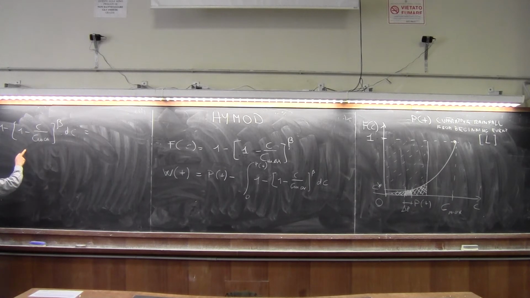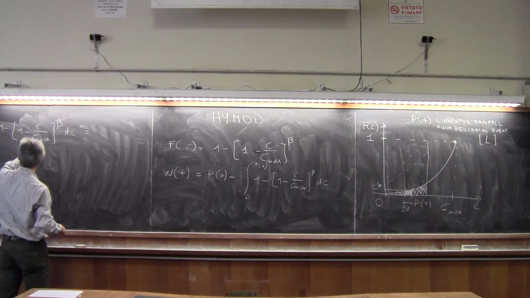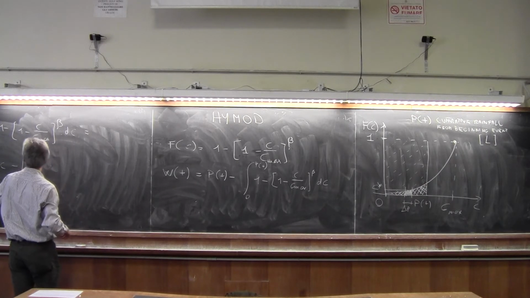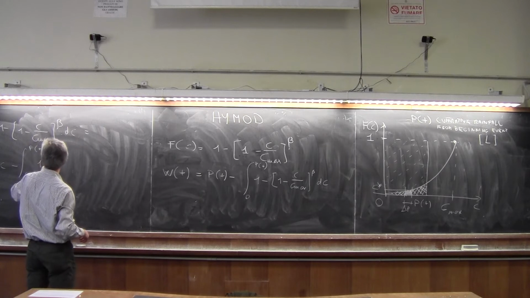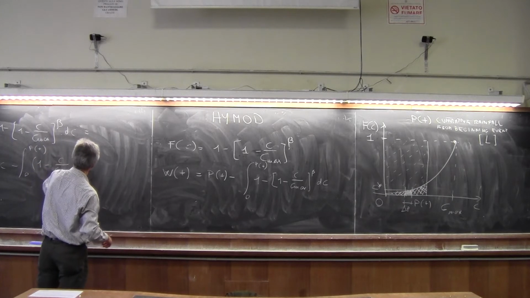So I can write that this is equal to integral between 0 and Pt of dC minus integral between 0 and Pt of 1 minus C divided by C max to the power of beta in dC.